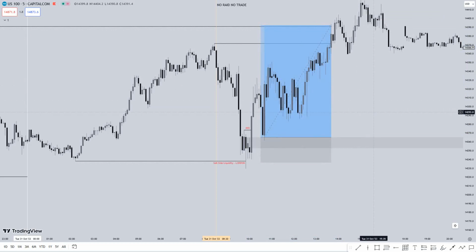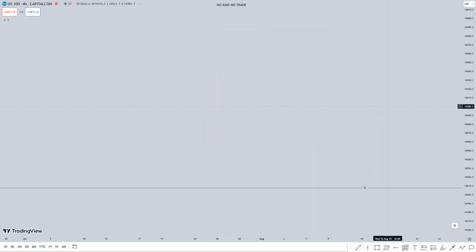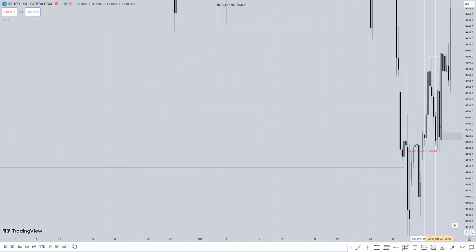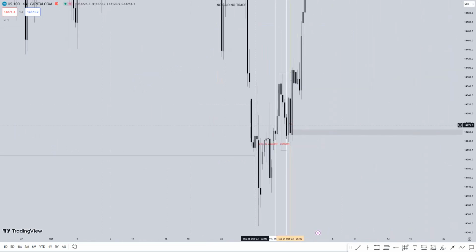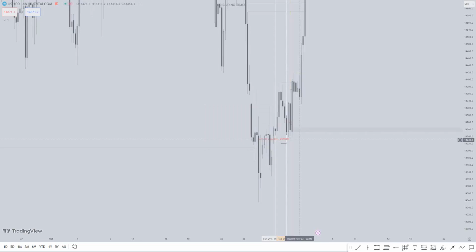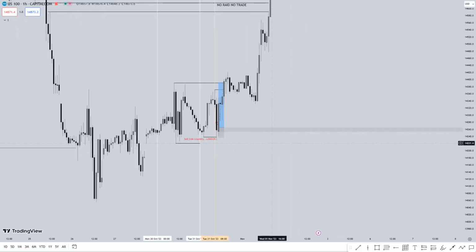But if we do believe that price, as we've seen, trades from a weekly PD array, and we believe that the draw on price is that fair value gap, you can then simply manage your trade in terms of managing your stop loss, and not collapsing the entire trade.